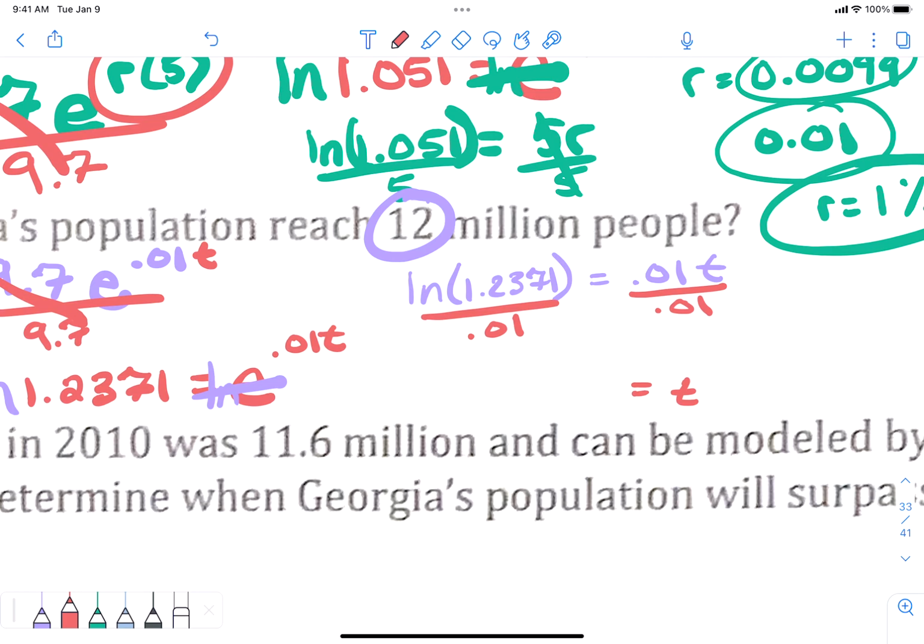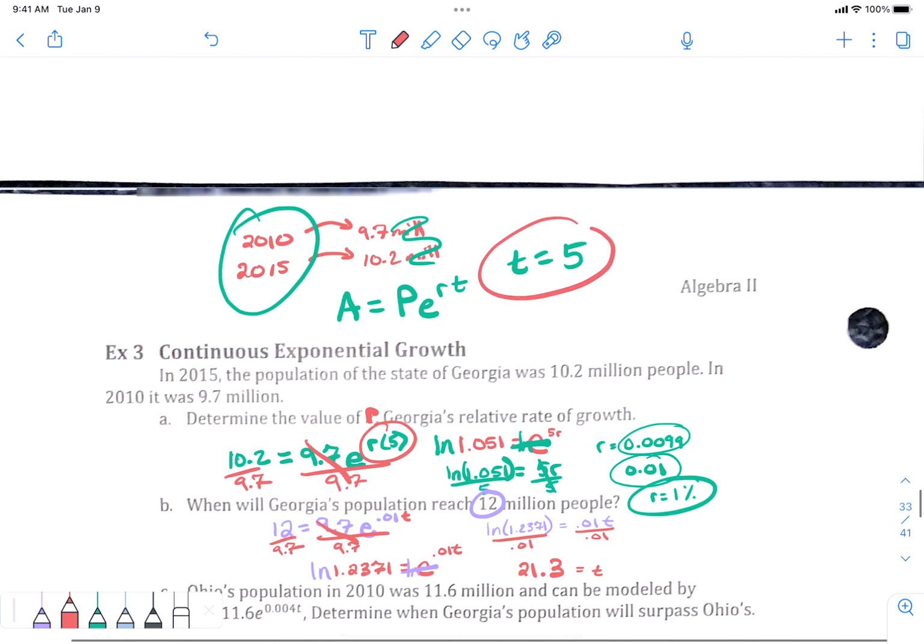Did you divide by 0.01 or 0.1? It's because you divided by 0.1. So I got 21.3. Oh, 0.01? You know how I knew you were wrong? It takes 5 years to become 10.2. So it's going to take more than 5 years to become 12.